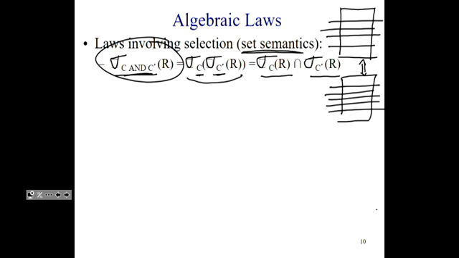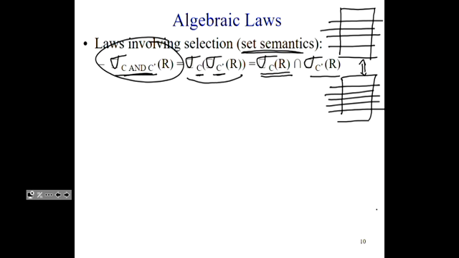It's not very surprising. Similarly, if I do the intersection mechanism, I would first filter by C and independently filter by C prime, and then merge the two by doing an intersection. Once again, this is not going to give me a different result.